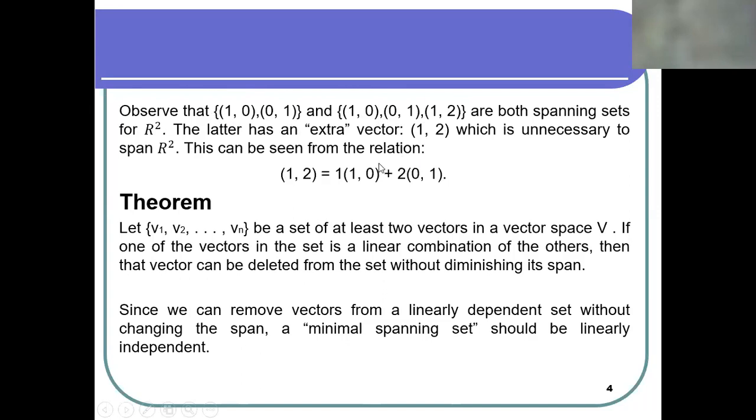What does it mean? This is an unnecessary vector in this set, so you can omit this element of this set in order to make it a spanning set, because this is already linearly independent, and these two rows are also independent, and these basically form a spanning set already.